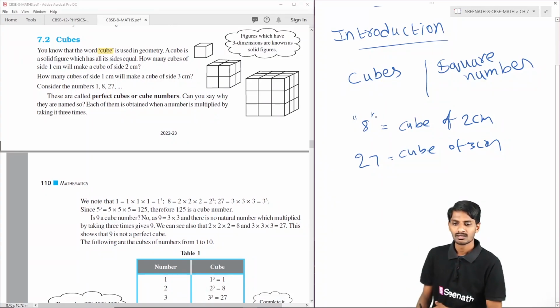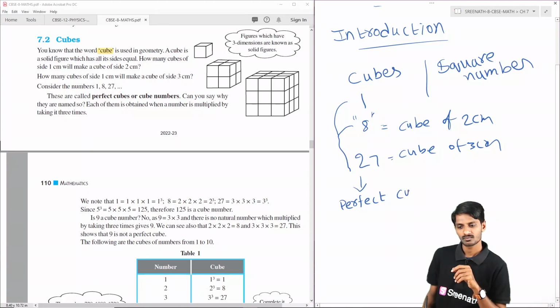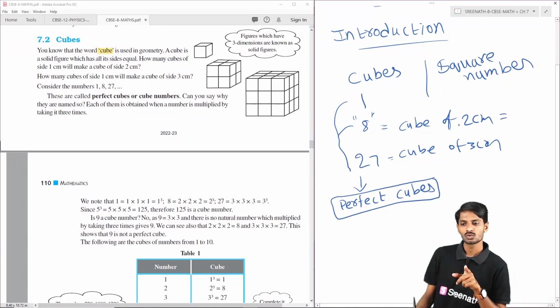So like this it goes, here these numbers 8 and 27 and here 1. Okay, students, these are called perfect cubes or perfect cube numbers.